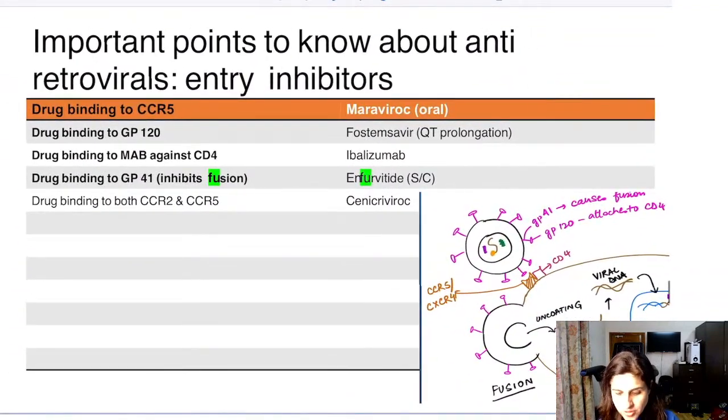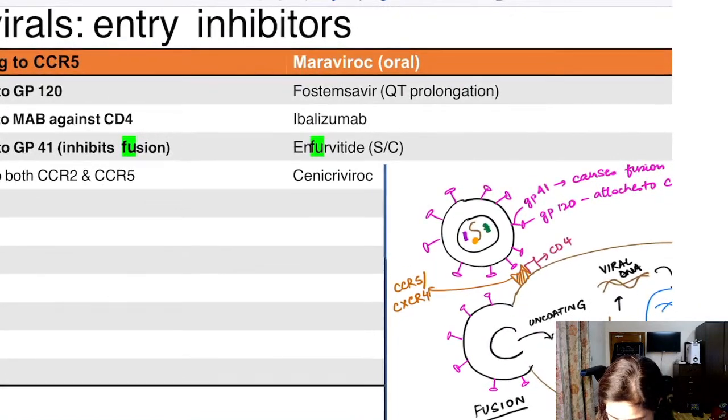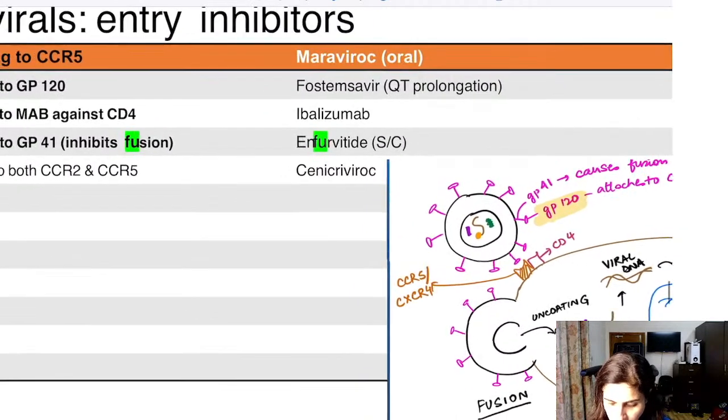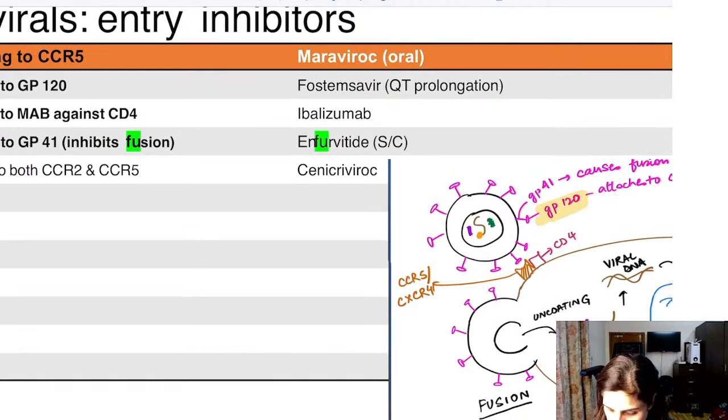Now, important points to know about the entry inhibitors. Where will entry inhibitors act? All these entry points: whether it is your GP120, because it is important for attachment with the CD4; GP41, which is important for fusion; then we have your CCR5, chemokine receptor 5, and CXCR4, or we have CD4.